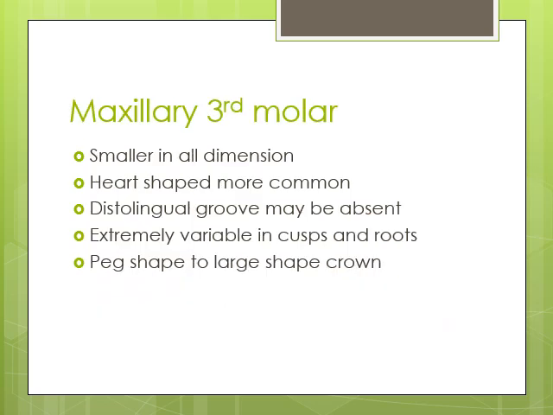So they are smaller in dimension and the most variable tooth. The heart shaped is more common, and the distolingual groove could be absent in the maxillary third molar. If it's rhomboidal in shape, the distolingual cusp could be present, but there will be no oblique ridge in the third molars.